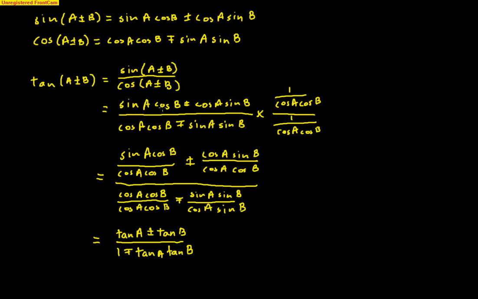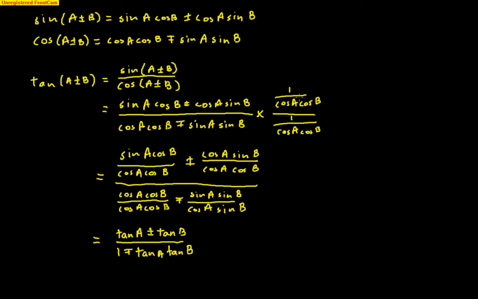sum and difference rule. The tricky part about this proof is that 1 on cos A cos B, if we multiply by this kind of odd thing over here, helps us to really simplify everything.